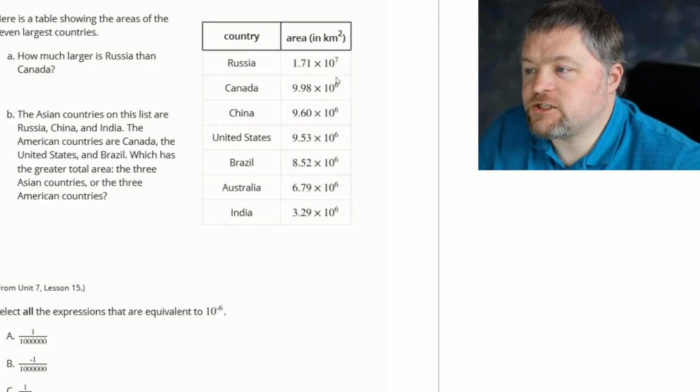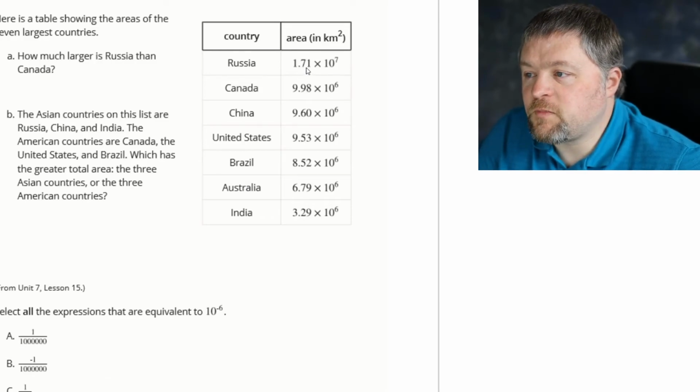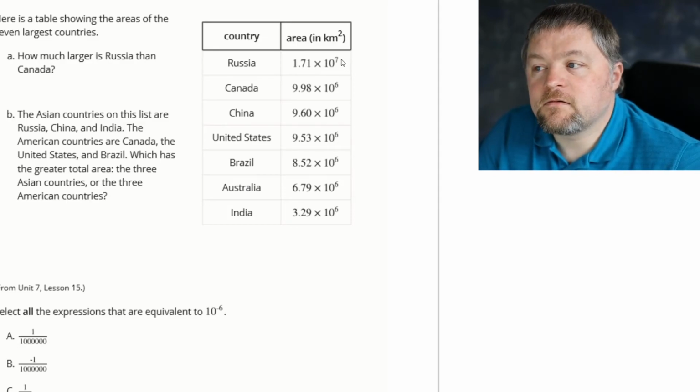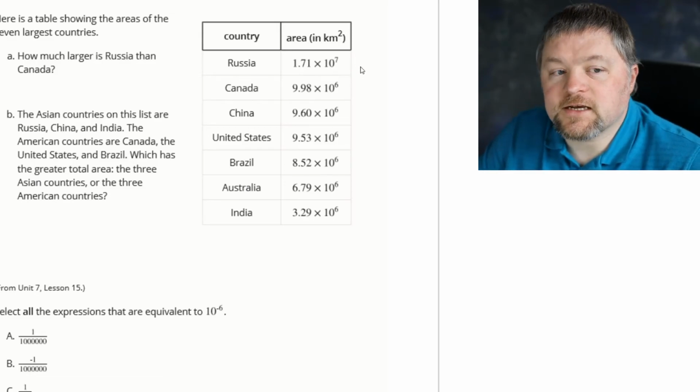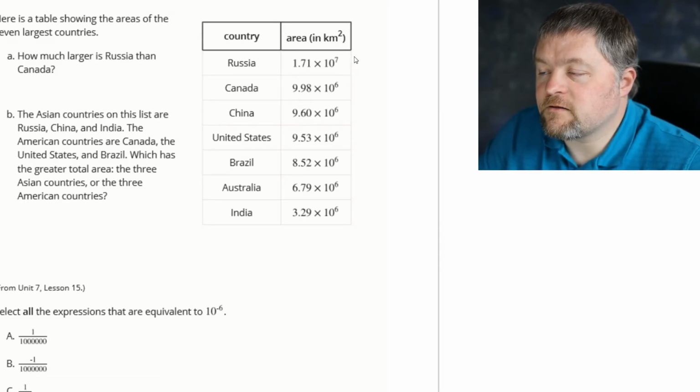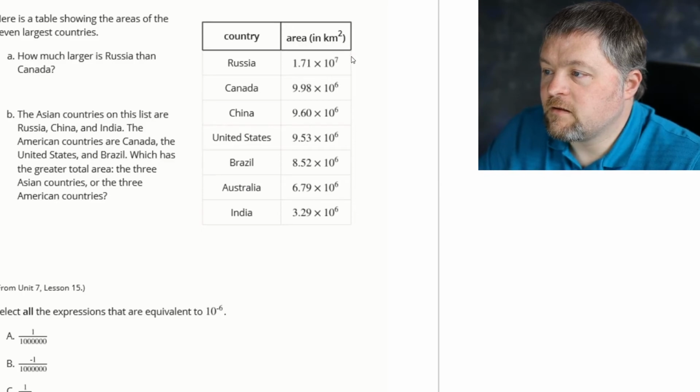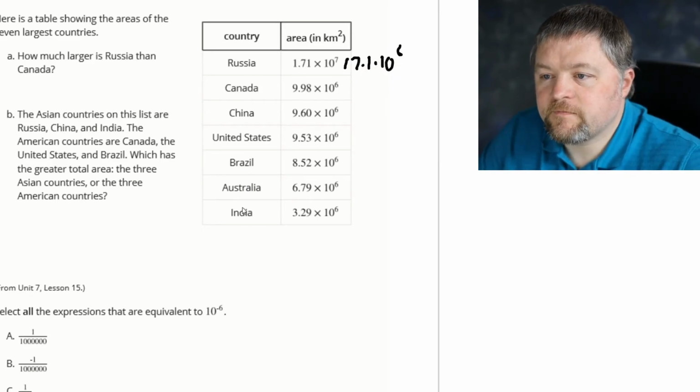So to change that to 10 to the power of 6, if we move our decimal point one spot to the right, we can then change that to 10 to the power of 6 so that we can compare the numbers more easily. Moving that one spot to the right would be 17.1 times 10 to the power of 6.